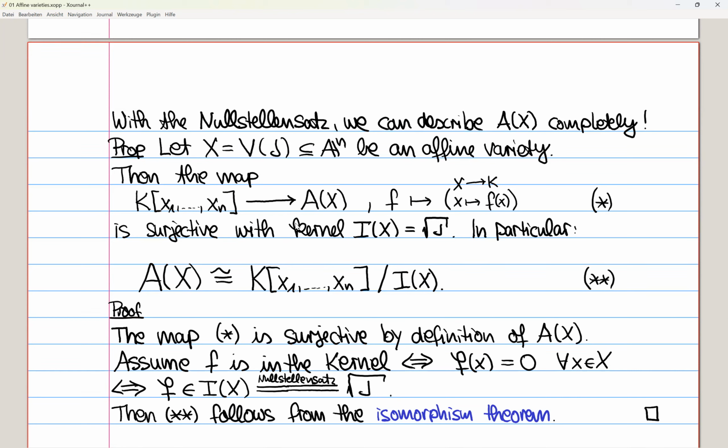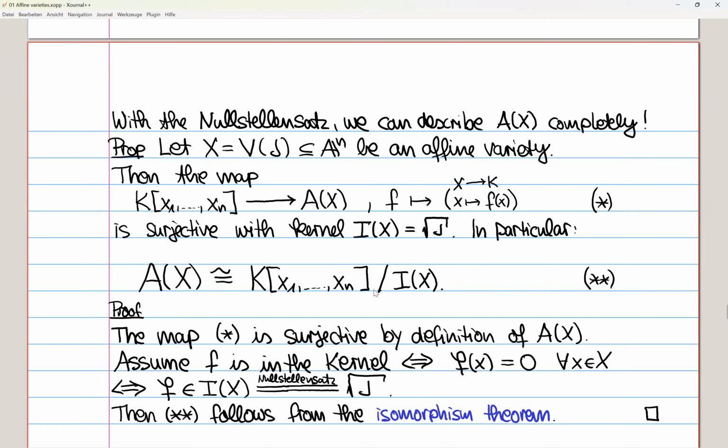And then we can just determine the kernel by saying, well, f is in the kernel if and only if it is sent to the 0 function on X. So in other words, f of x is 0 for all x in X. But this is our definition of f being in the ideal of X. And by the Nullstellensatz, this is the radical of its defining ideal J. And so this part was pretty easy.